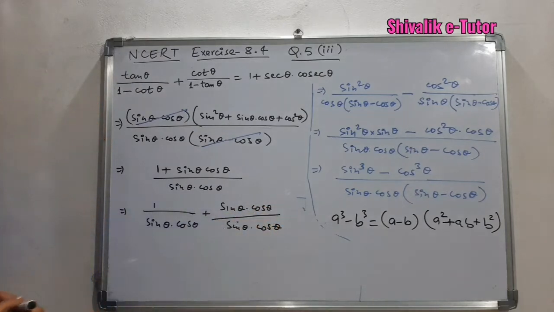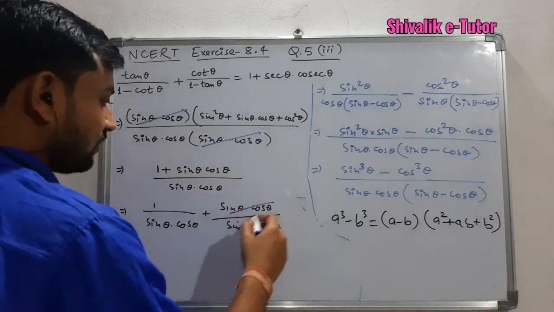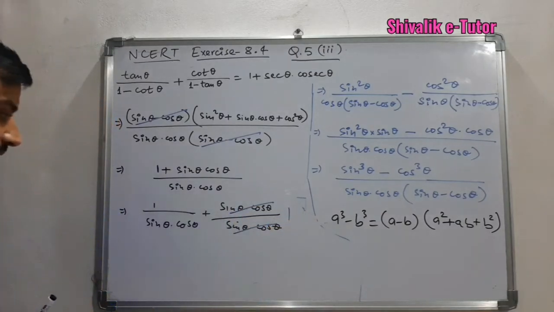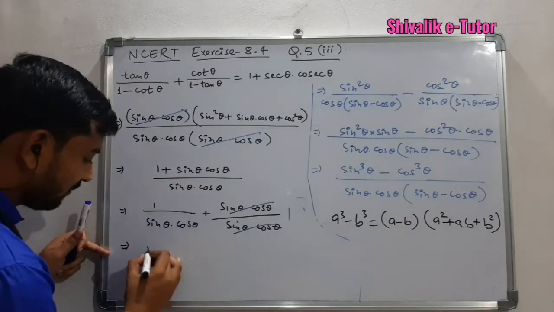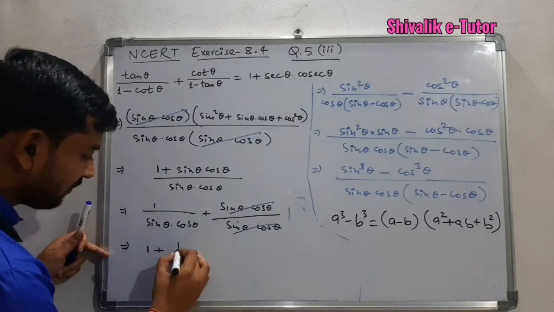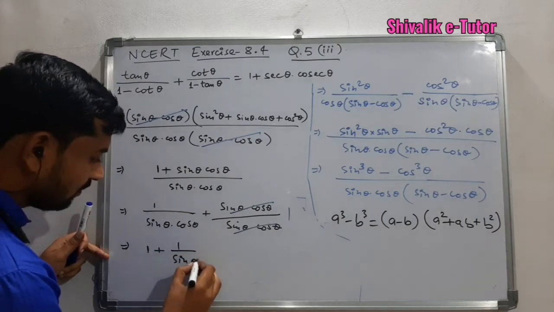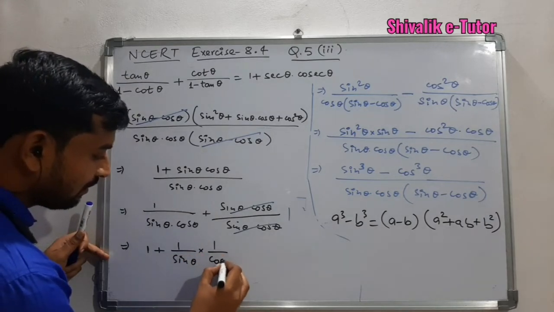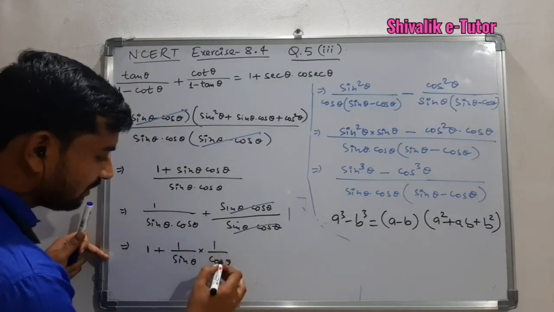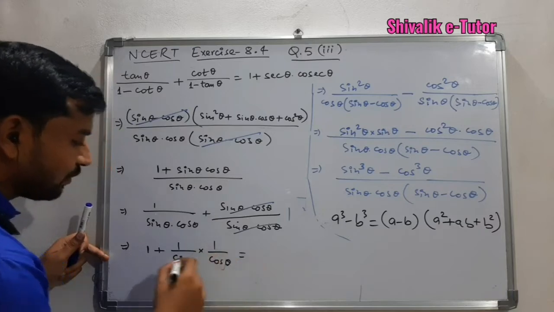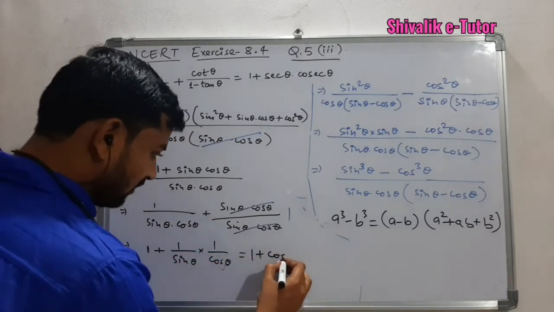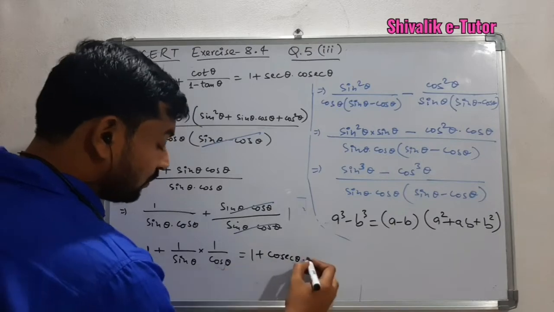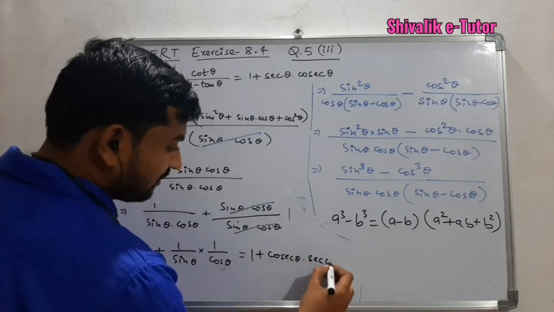Now look at this. This sin theta upon cos theta will be cancelled to get 1 here, and if we separate this, I am writing 1 first, then if we separate these two, 1 upon sin theta into 1 upon cos theta, this we will get, and the reciprocals are: 1 upon sin theta is cosec theta and 1 upon cos theta is sec theta.